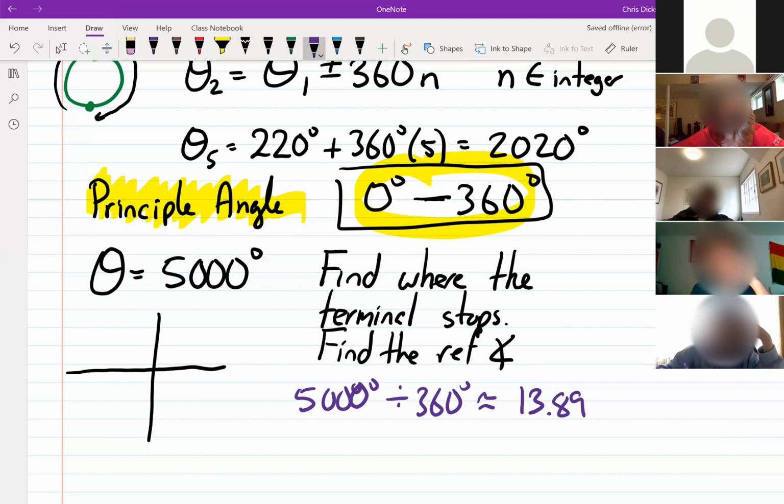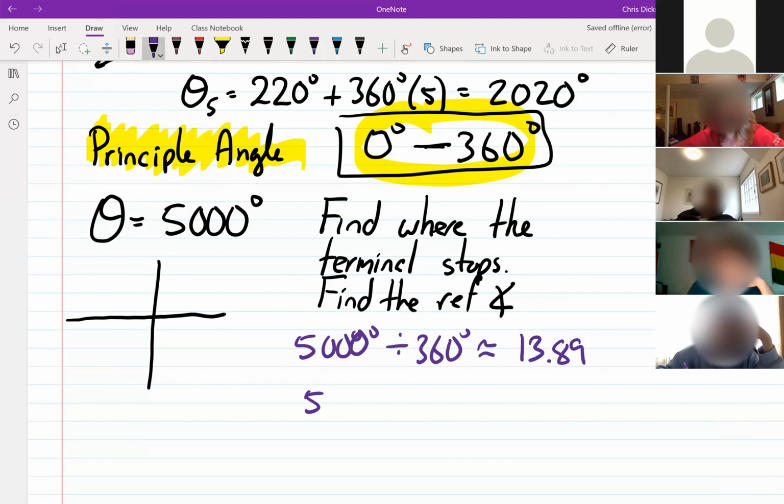So why not subtract 13 rotations? Let's take 5,000 and subtract 360, but let's do 13 rotations. Not quite the 0.89, we'll leave the 0.89 out. So 5,000 minus 360 times 13, I'm getting 320 degrees.